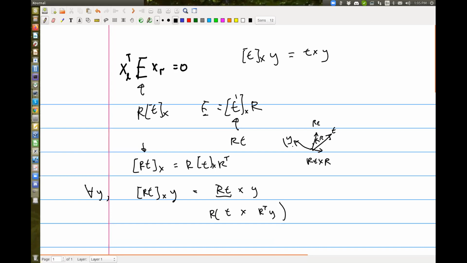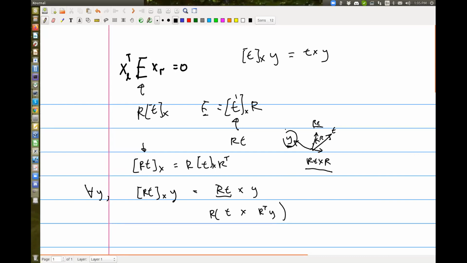unrotate this Y first. You can think of I have T in one coordinate system. Now rotate by R, the entire coordinate system rotates by R, and then cross with Y, and then you have this RT cross Y, right?